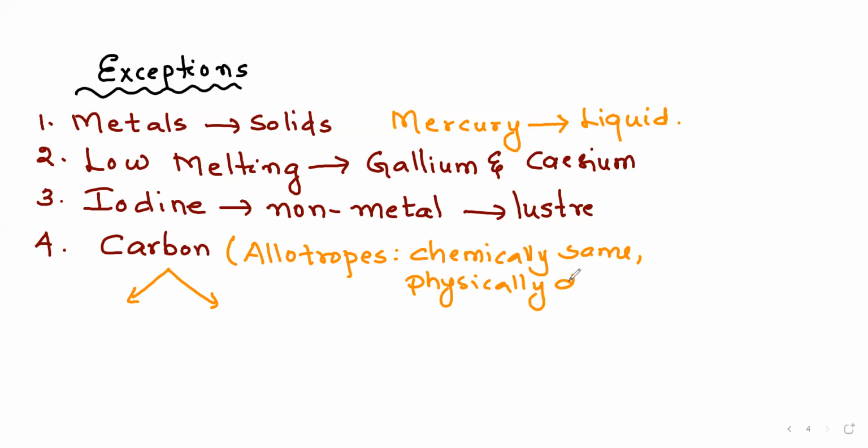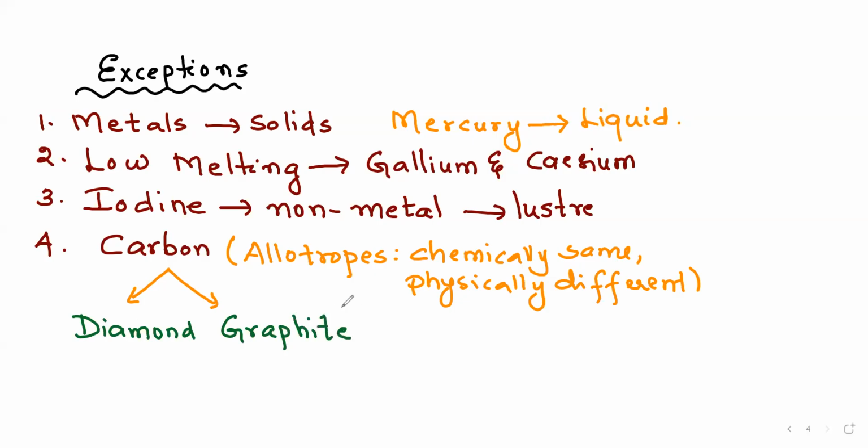Allotropes are chemically the same, but physically different. So the two allotropes of carbon are diamond and graphite. When burned, both give carbon dioxide because both are carbon.